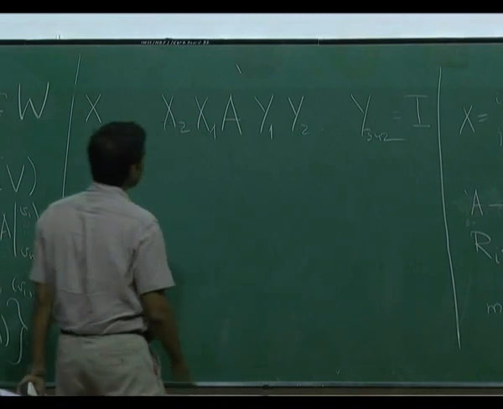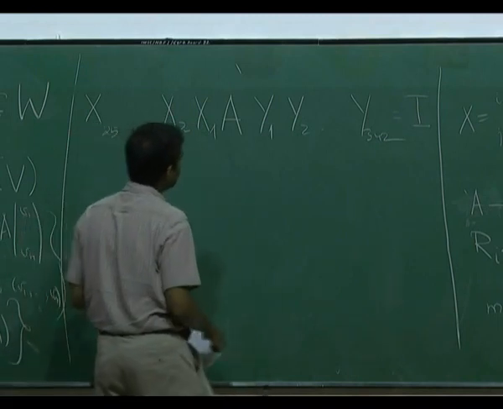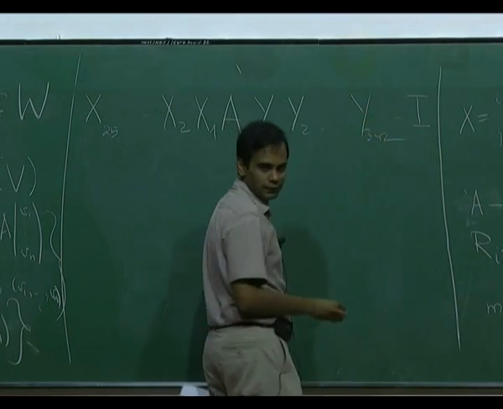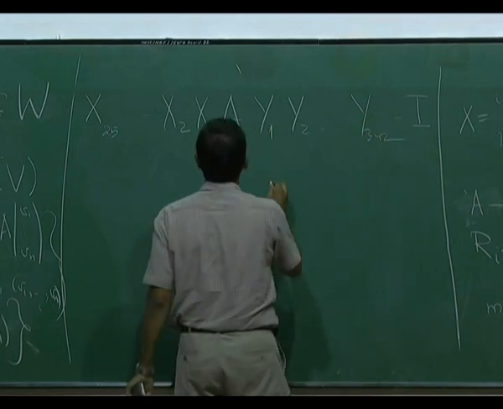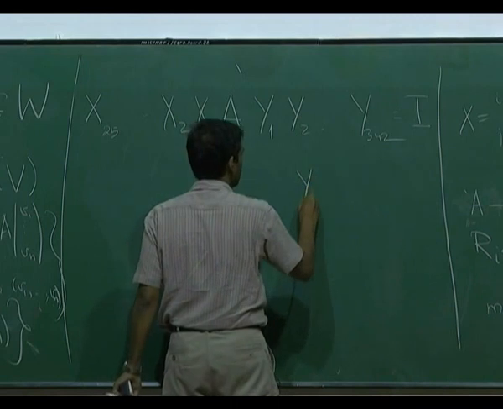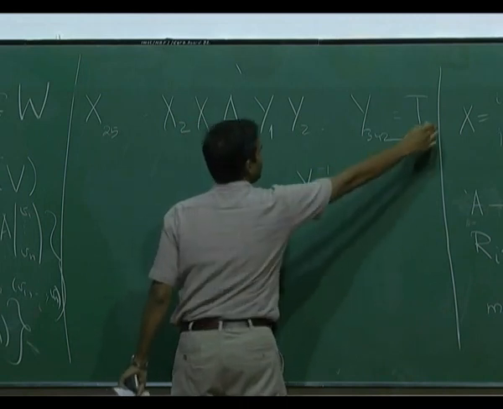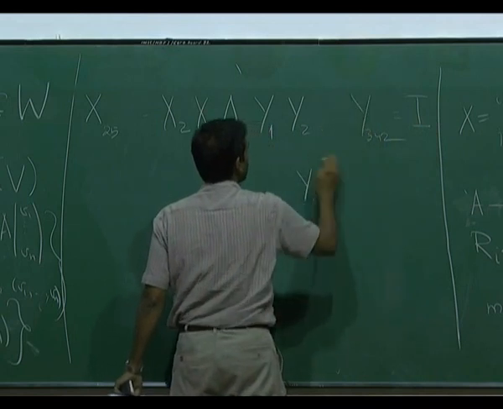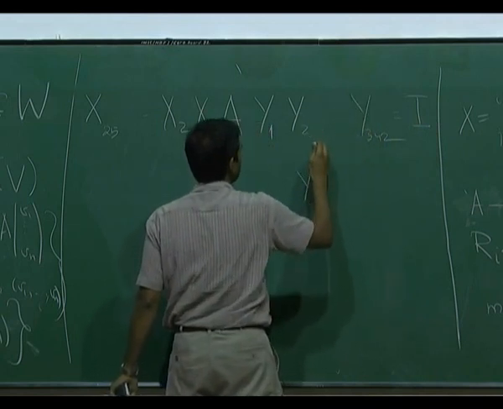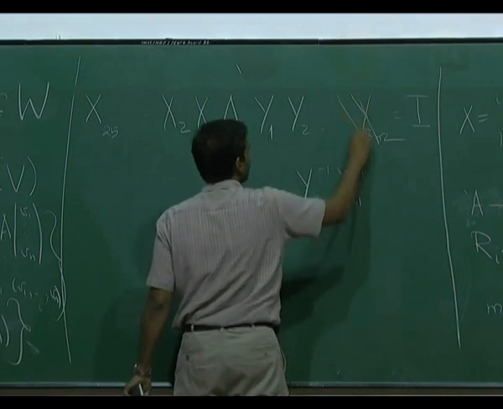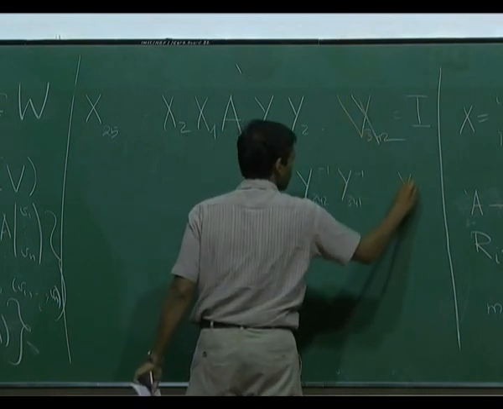Then I can rewrite this in the following way. Let me first multiply on the right by y342 inverse. So I get y342 inverse on the right hand side, and this goes away. Then I write y341 inverse, and then I strike out that, and so on all the way up to y1 inverse.